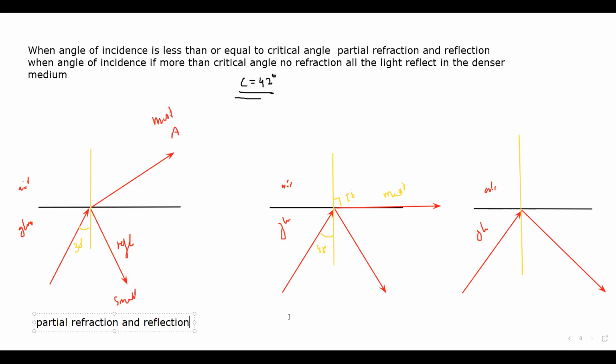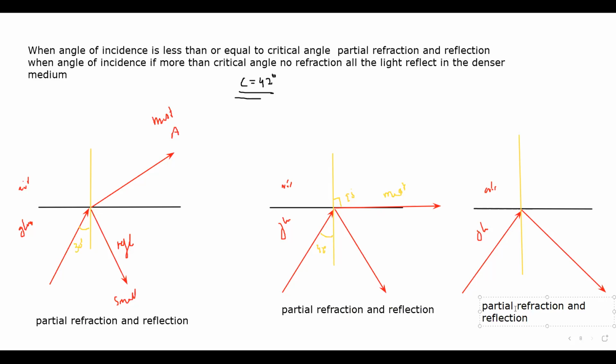Here also partial refraction and reflection. But on this side, there is no refraction, there is all reflection, which is known as total internal reflection.